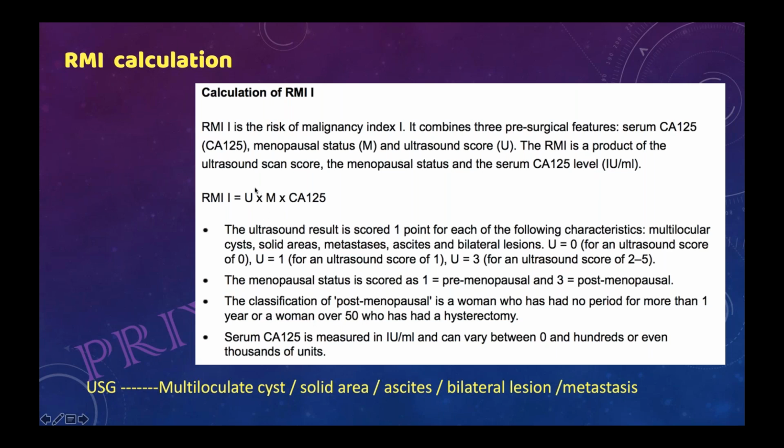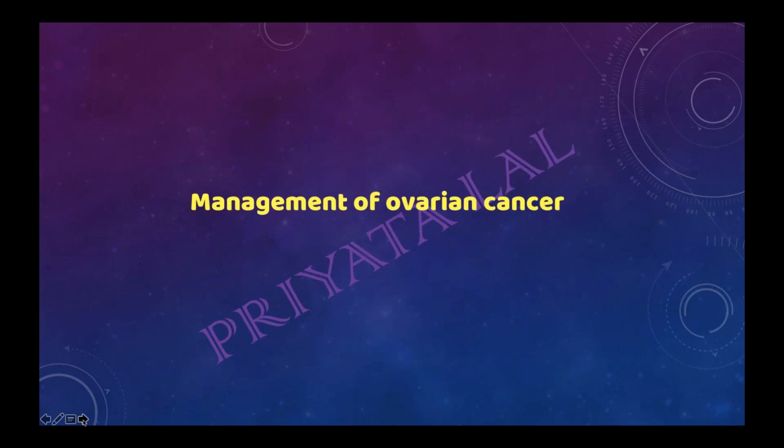So ultrasound 1 criterion will be U1, 2 or more than 2 will be U3, premenopausal 1, postmenopausal 3, and this is the value for CA125. This is the way of RMI, or risk of malignancy index 1, calculation. It is important because you will get questions on this.